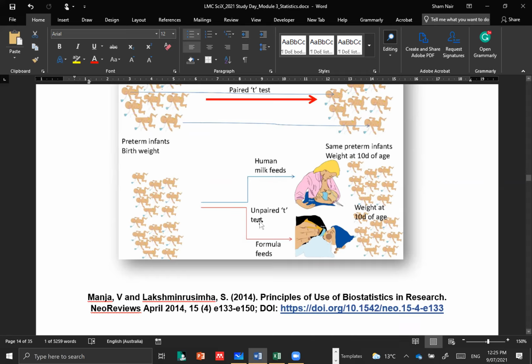Again, this becomes important when you're selecting the t-test. So here's some terminology that you need to be familiar with. You don't need to know all the details about any of these things. That's absolutely not required. You just need to know these terminologies, because they may appear in the exam.